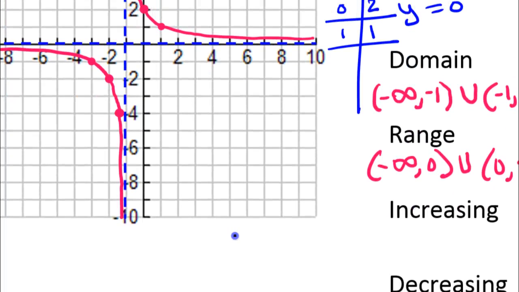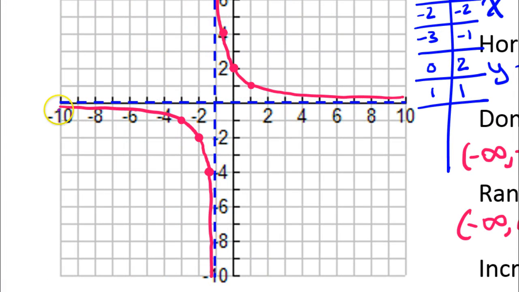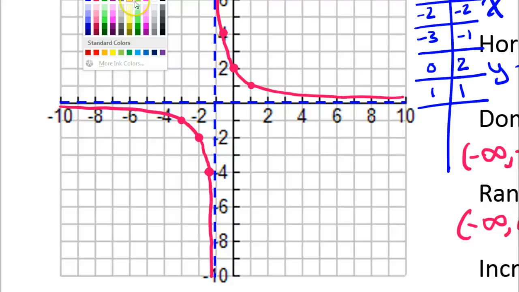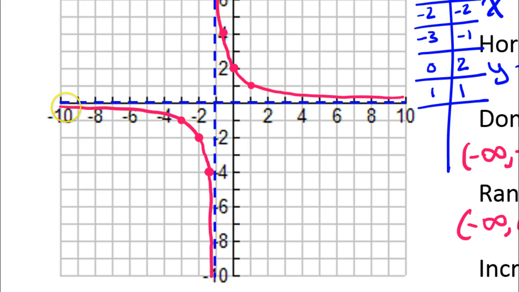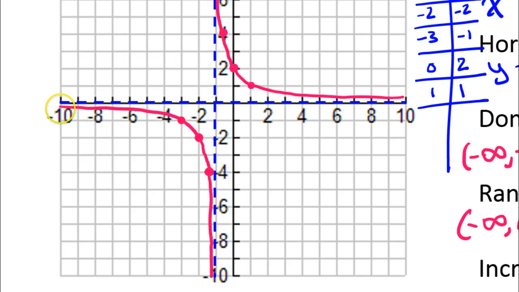Now, increasing and decreasing intervals. Well, as you look at this graph, if you were traveling along this path from left to right across the graph, for part of the graph, you're going to wind up going downhill, and for part of the graph, you'll be going uphill. So look, for this part of the graph, we're going downhill, down, down, down, down, down.